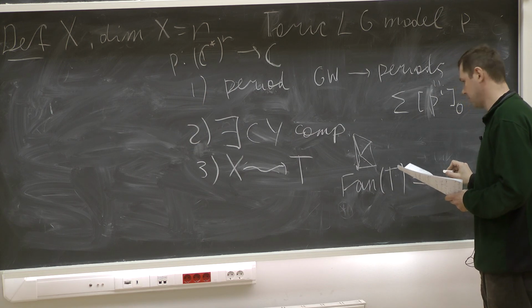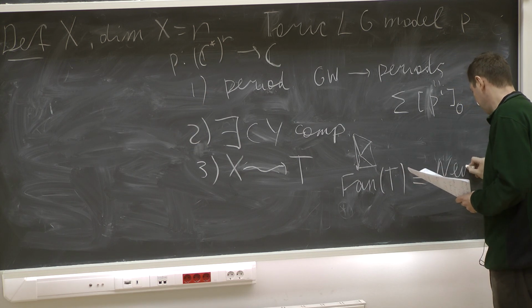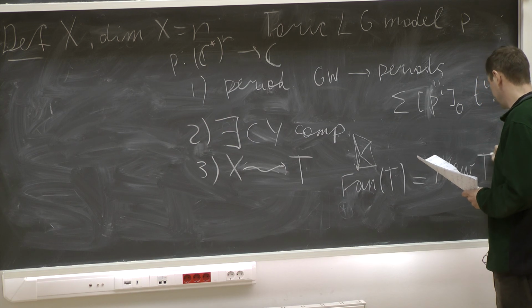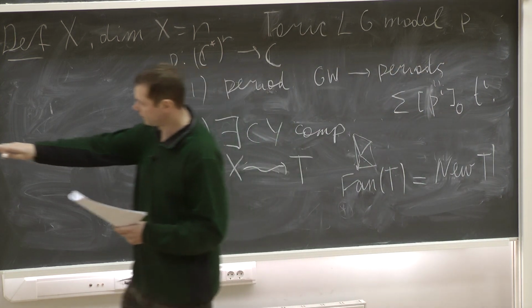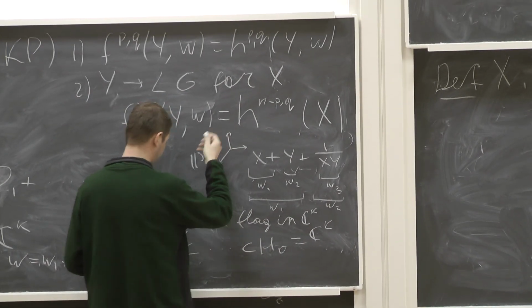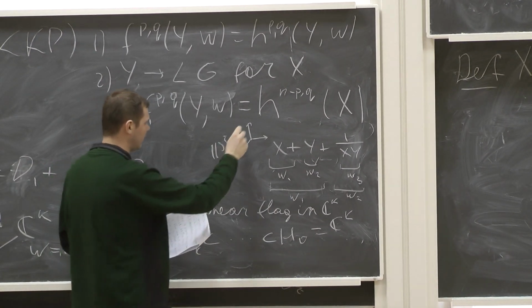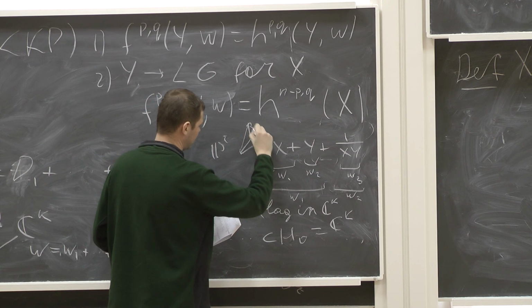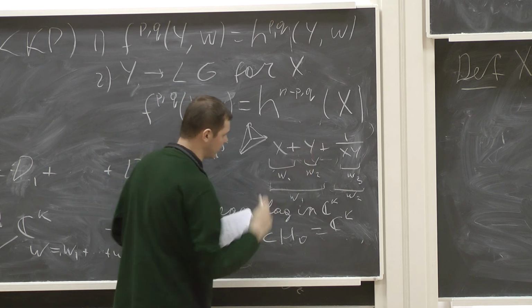Like here, if we have P2, then the fan polytope of P2, which is a toric degeneration of itself, is this triangle, and it is exactly the Newton polytope of this Laurent polynomial.